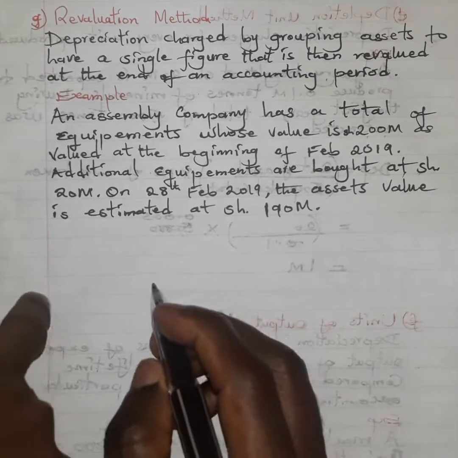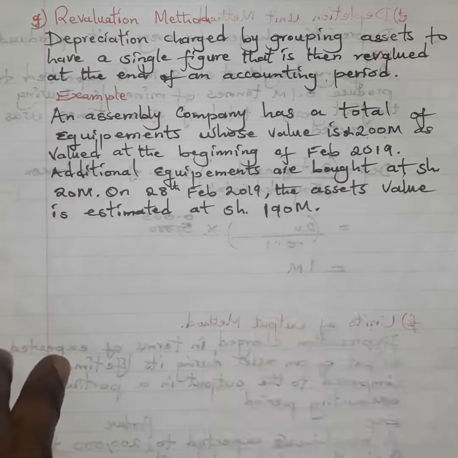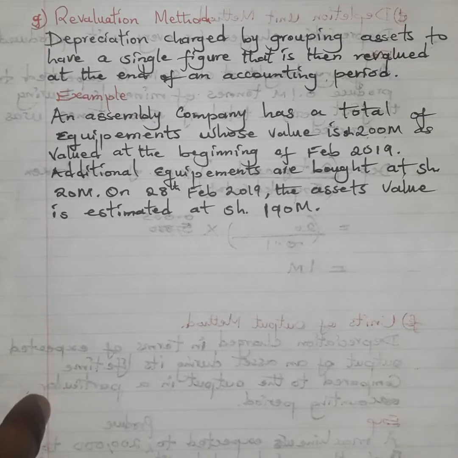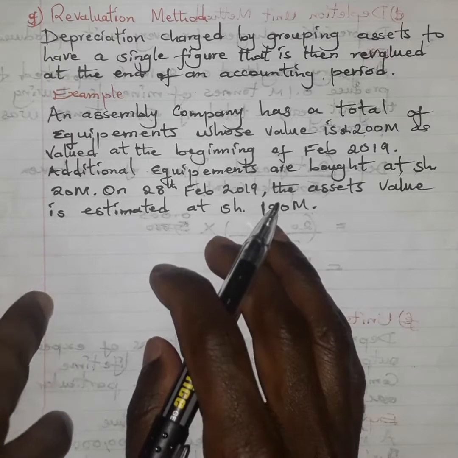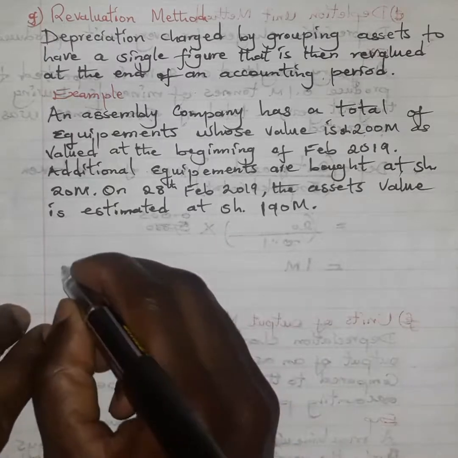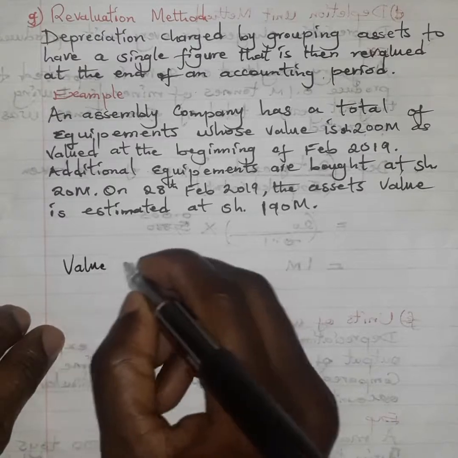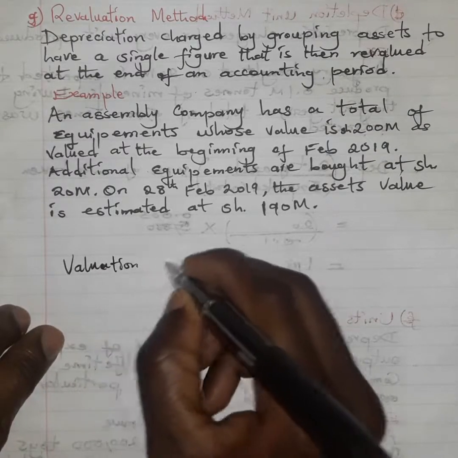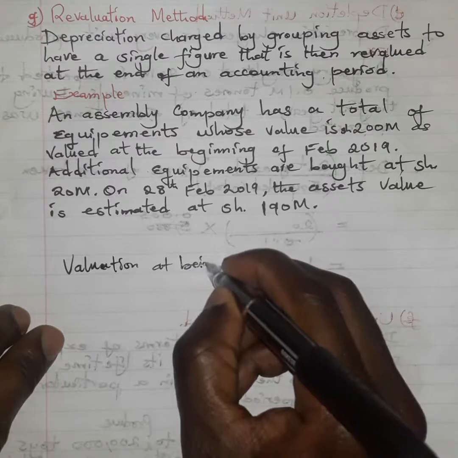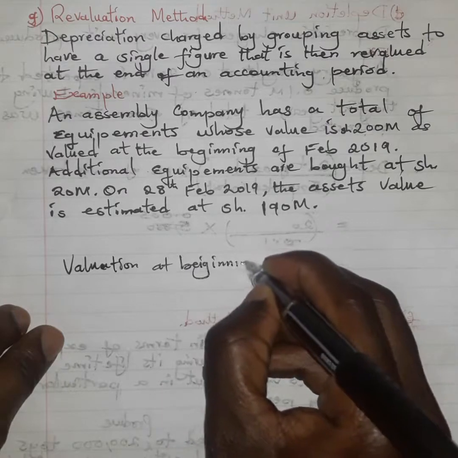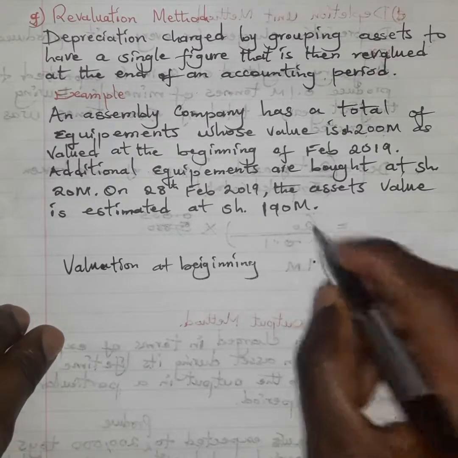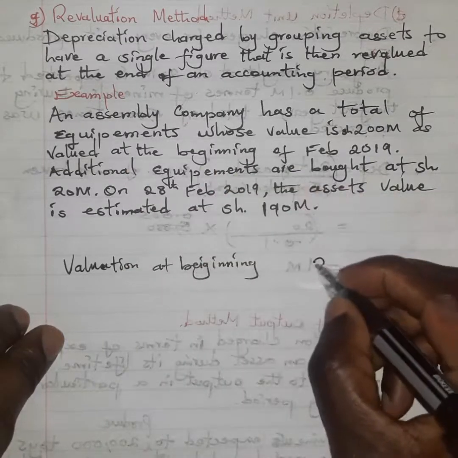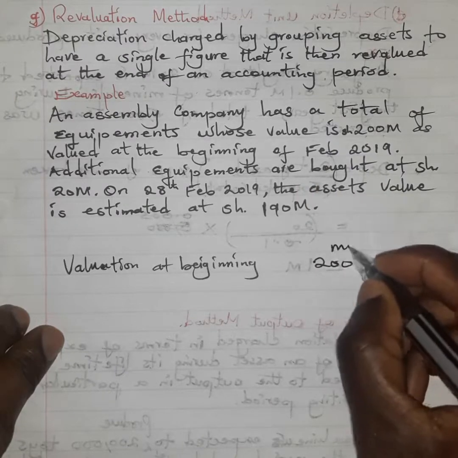So essentially, as I said before, we are supposed to talk about the elements of the opening balances. We talk about the valuation at the beginning, which is essentially an amount of 200 million.